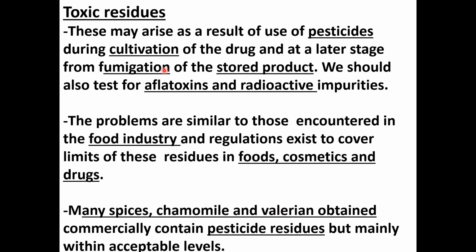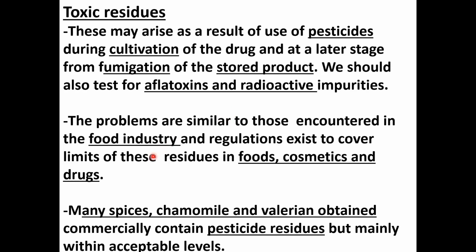Toxic residues, we talked about this factor before, and they mainly include the detection of pesticides, which we are obliged to use during cultivation and storage of herbal drugs, as well as the presence of mycotoxins such as aflatoxin and also radioactive impurities.